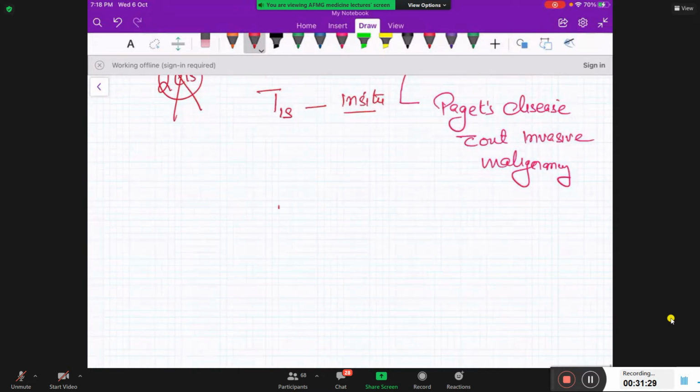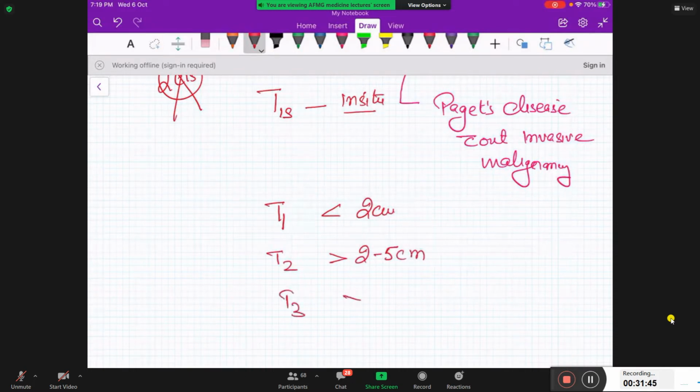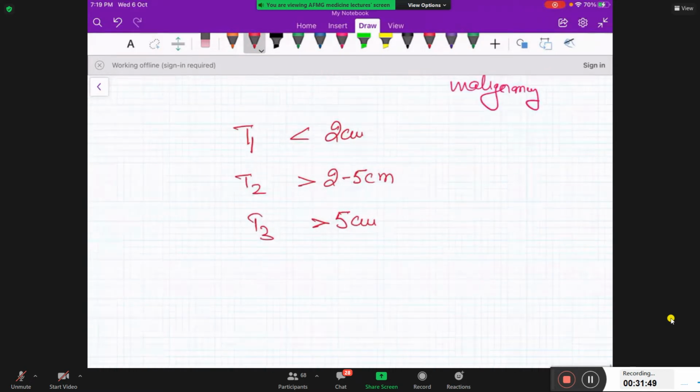Then comes T1. T1 is less than 2 centimeter. T2 is 2 to 5 centimeter. T3 is more than 5 centimeter.